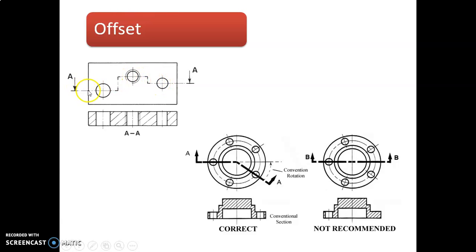If we do a straight half section or full section, we cannot see the inner part of the second and third circles. So we do offset. Offset means not a straight cut.